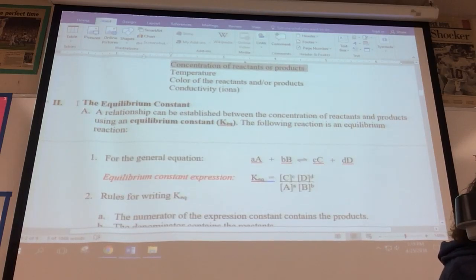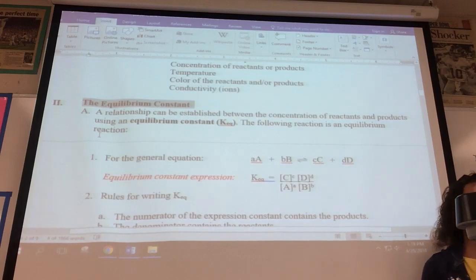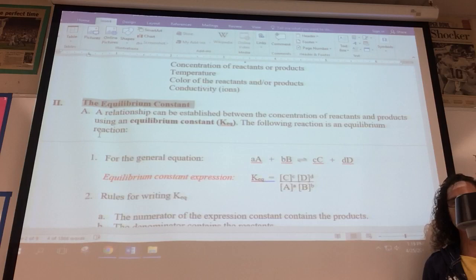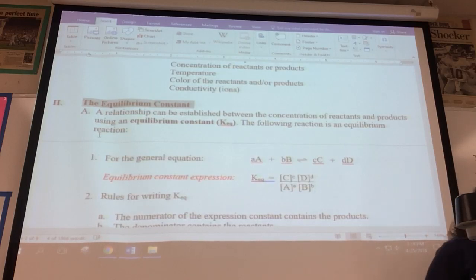We are going to learn how to write equilibrium constants today. It's very, very simple. We're going to learn how to calculate them, how to interpret them. I think all of that will be pretty straightforward to you.